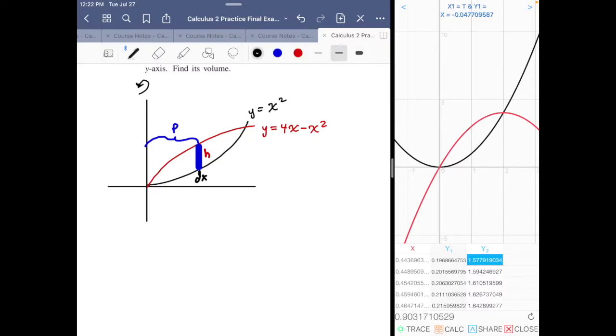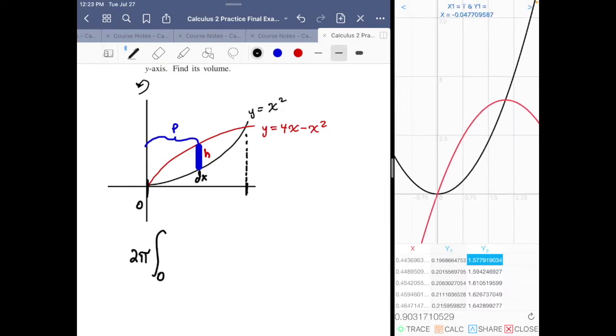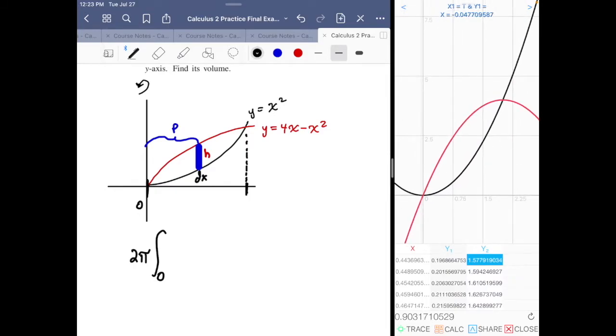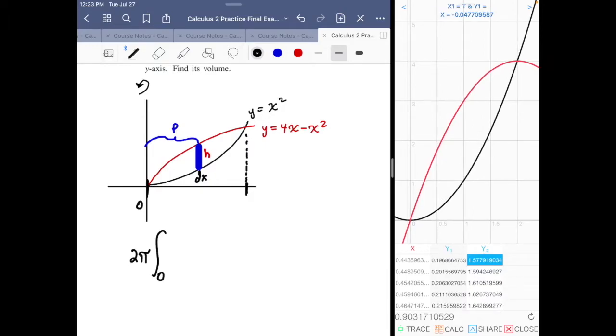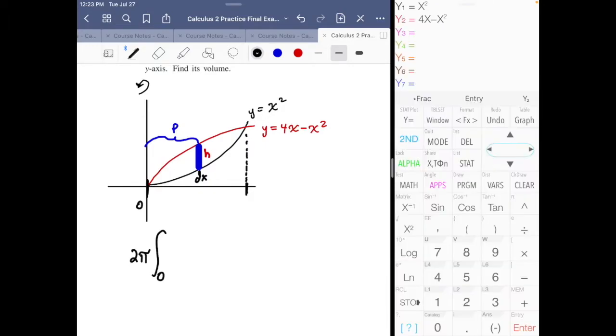So 2 pi over the interval. It's going to span from here to here, so I need to know where they intersect. It's going to be from 0 to something. My guess is it's 2 or 3. It looks like 4 if I do a proper zoom here, but I can also just go into the table and take a look at 2, 4.